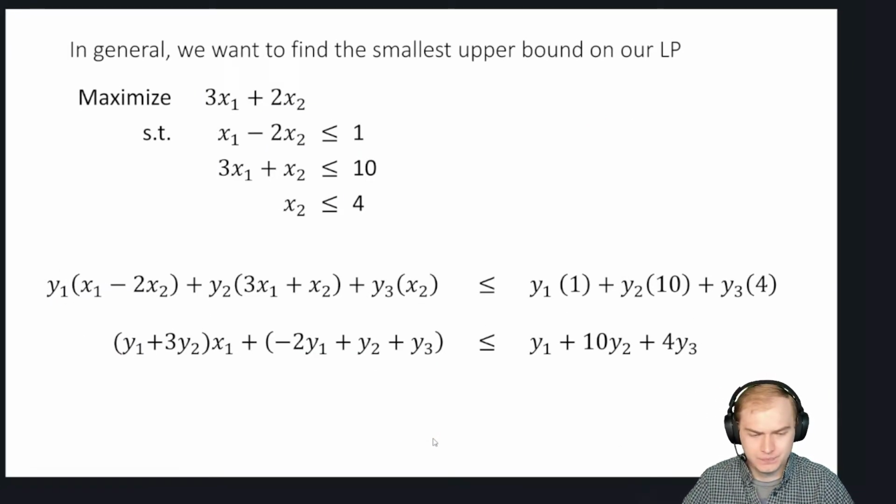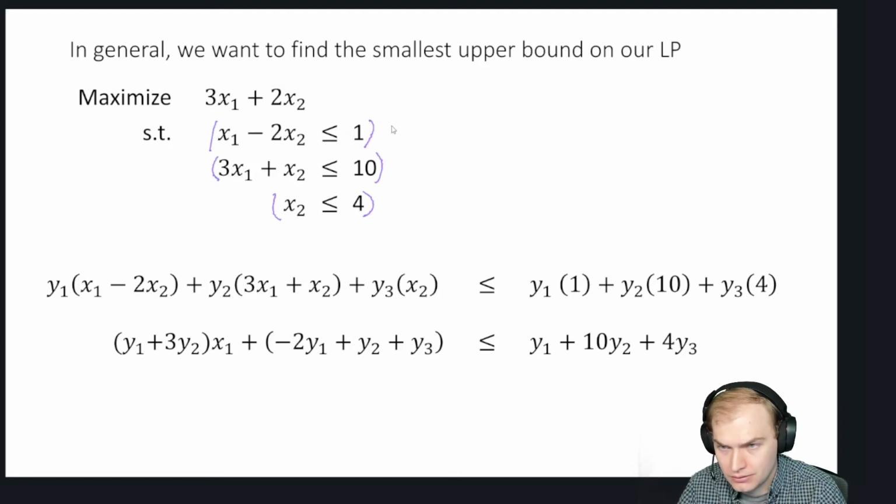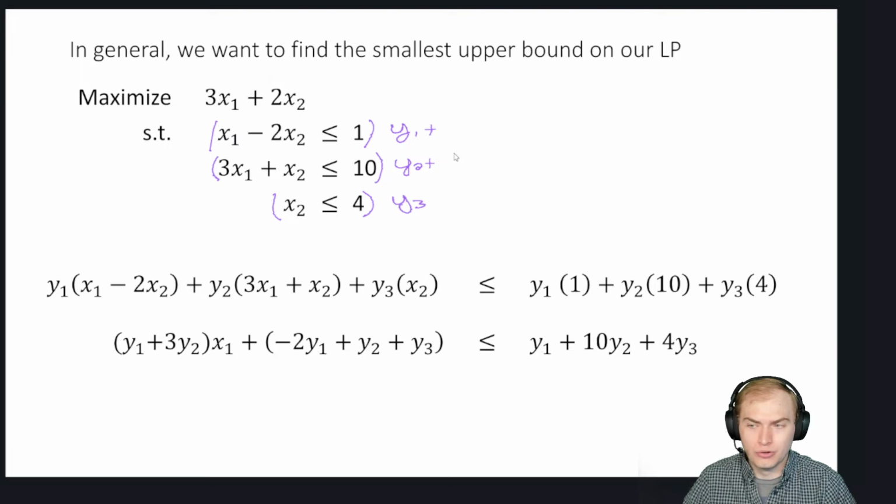So in general, though, what we want to do is find a linear combination that looks like this. I'm using y, multiplying each constraint by y and adding them together.